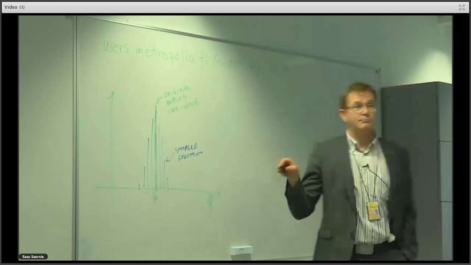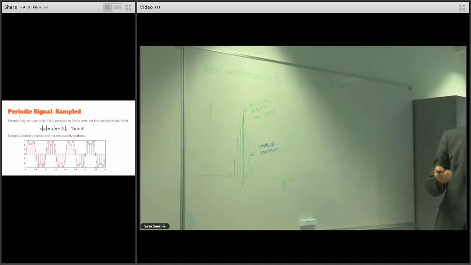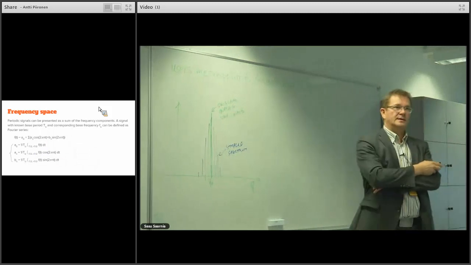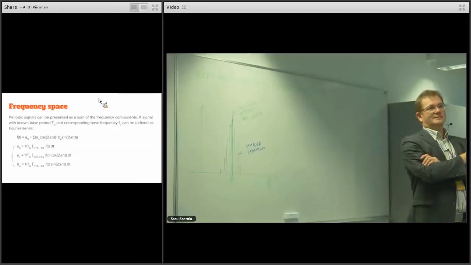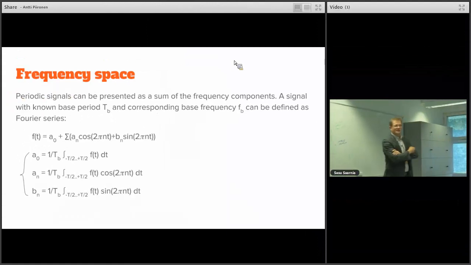So after sampling of the signal, it's not necessarily periodic, but well, at the exercises you will see the effect there. Okay. That's nice. I actually made the frequency space slide myself there.